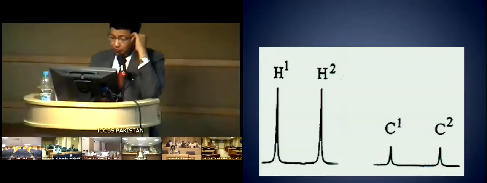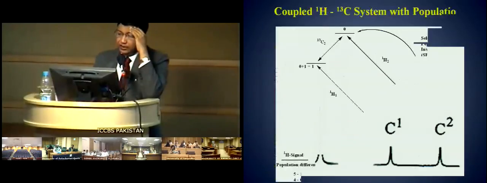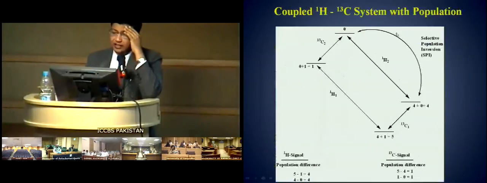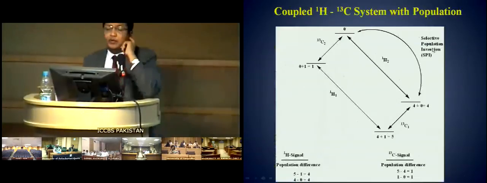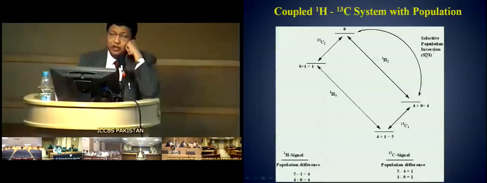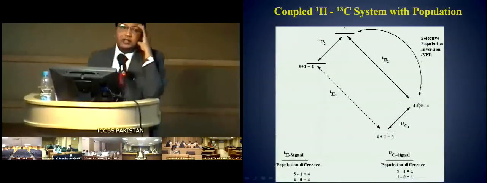Okay, so we move forward to this stage, in which we do a very selective population inversion, called SPI. And this SPI, which we will try to understand again, is a beautiful, nice way of transferring population from one state to the other.